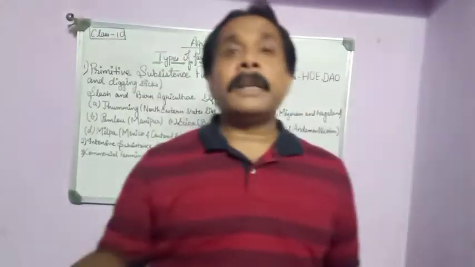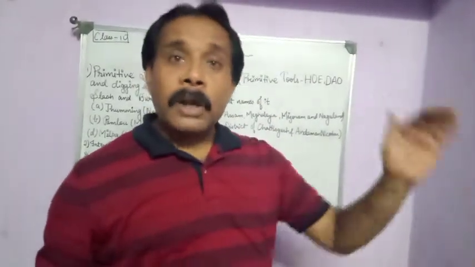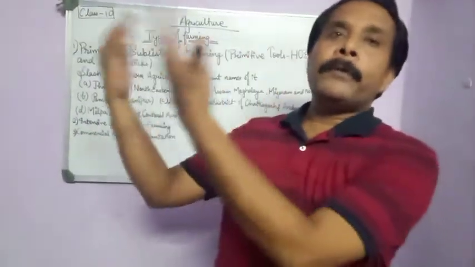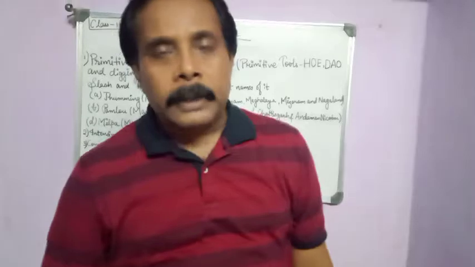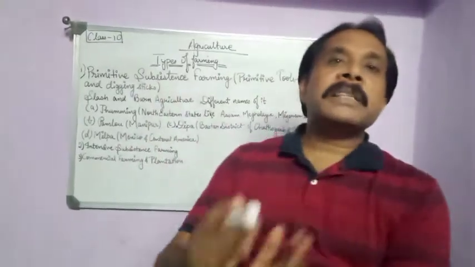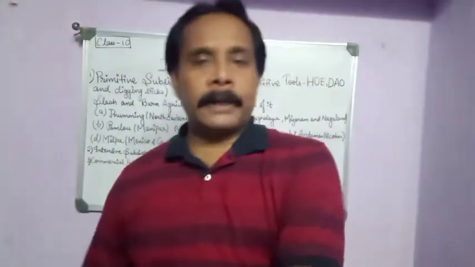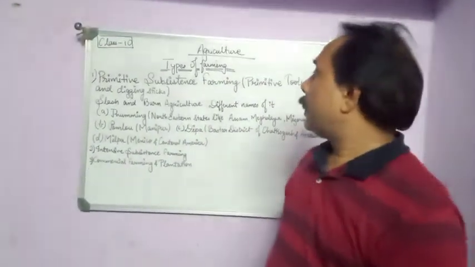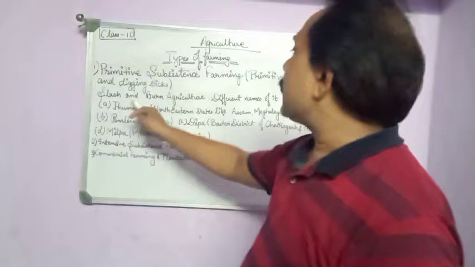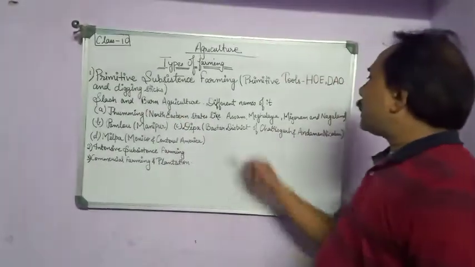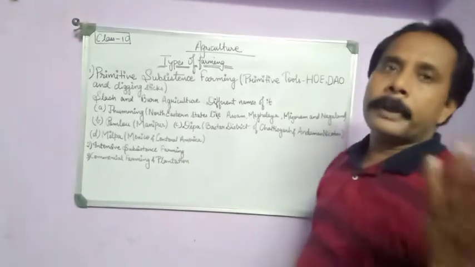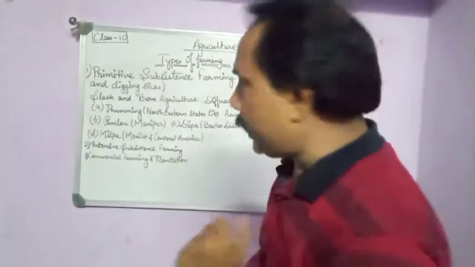But as the fertility of the soil started to decline, they left that land and moved from one place to another place, which is known as shifting agriculture. This slash and burn agriculture has many names in different parts of the country along with the rest of the world.